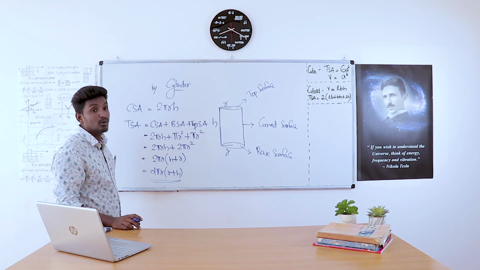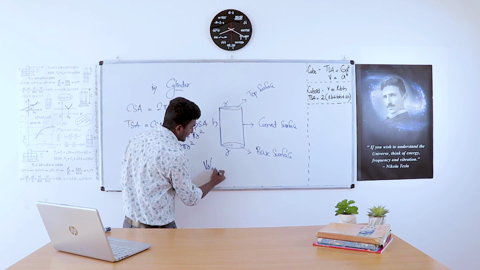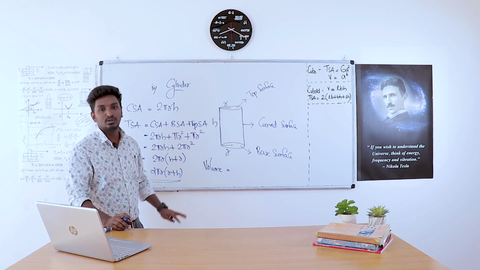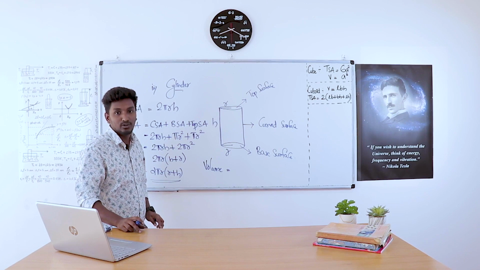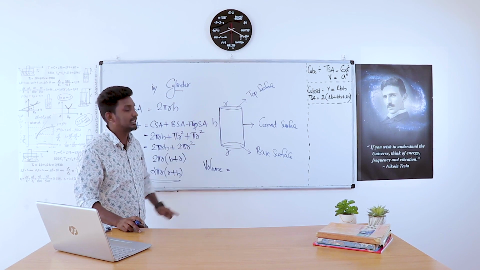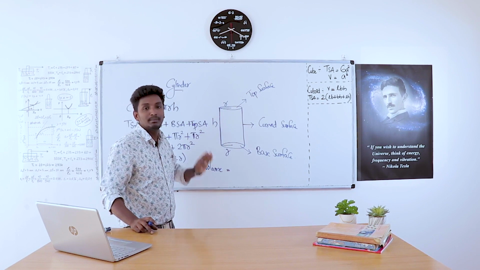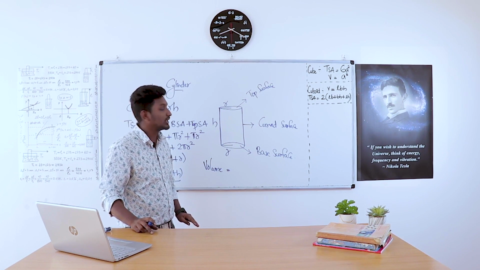Now, what is the volume of a cylinder? For uniform solids, volume can easily be found out by using the formula base area into height.